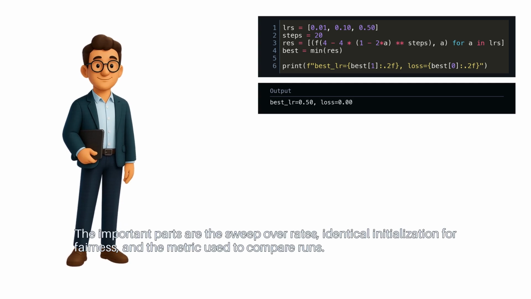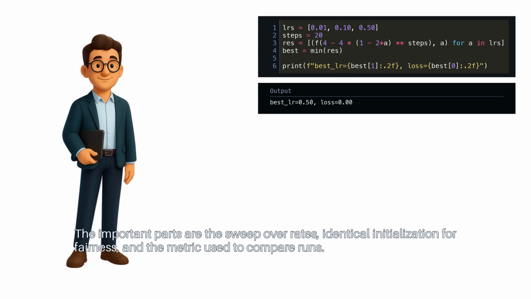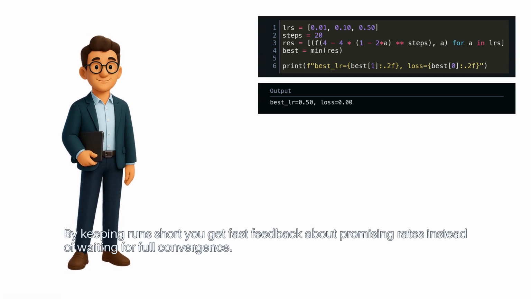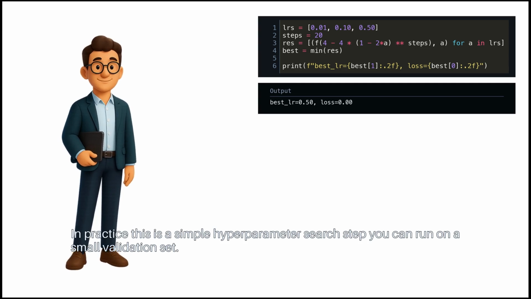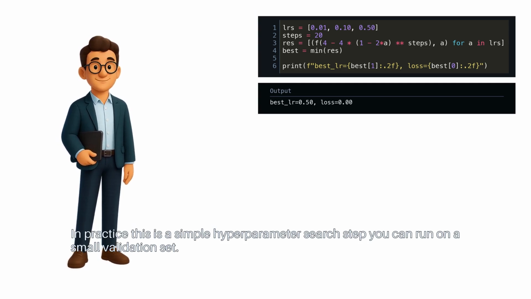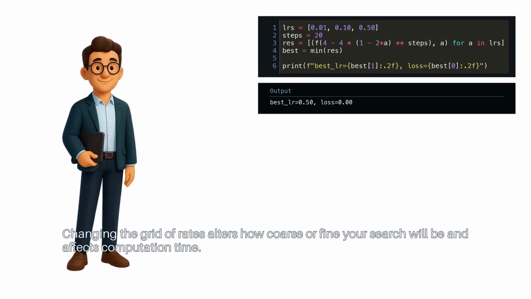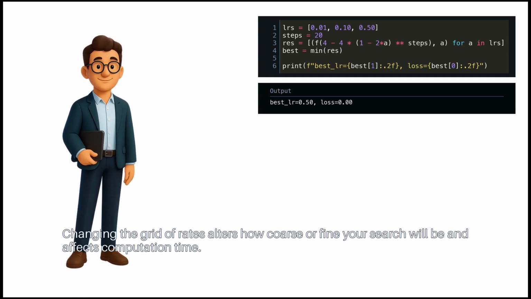The important parts are the sweep over rates, identical initialization for fairness, and the metric used to compare runs. By keeping runs short, you get fast feedback about promising rates instead of waiting for full convergence. In practice, this is a simple hyperparameter search step you can run on a small validation set. Changing the grid of rates alters how coarse or fine your search will be and affects computation time.